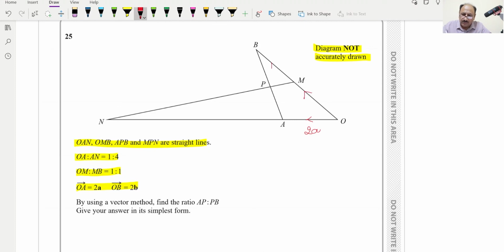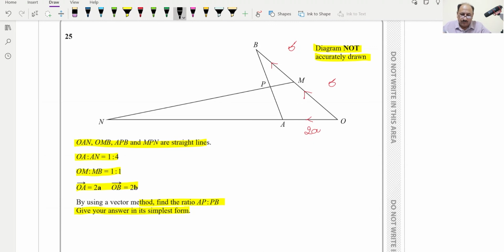M is the midpoint, as they are saying OM to MB is 1:1, so this is b and this is also b. Using a vector method, we have to find the ratio AP to PB. Give your answer in simplest form.